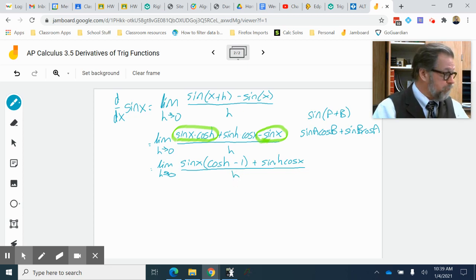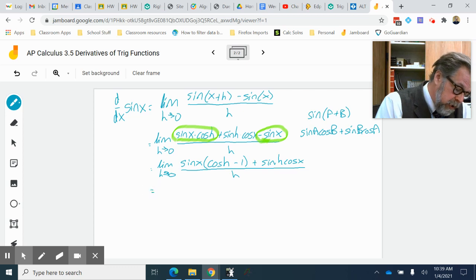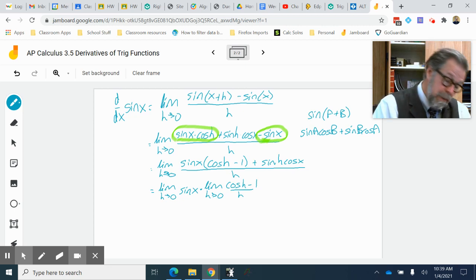And then I can do a little more fiddling. I'm going to take out the sine of x, because it doesn't have an h in it, multiplied by the limit as h goes to 0 of cosine h minus 1 over h. We've seen that before. Plus, and then we'll take out the cosine because it doesn't have an h in it.